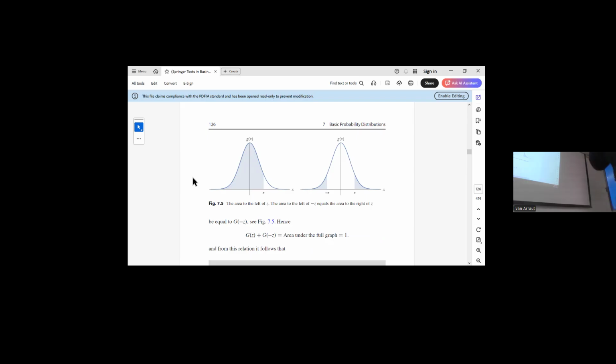But any normal distribution could be with a different expectation value. So let's put it this way. The standard normal distribution has expectation value 0 and variance equal 1. But I could have a distribution where my expectation value is 20 and my variance is 400.